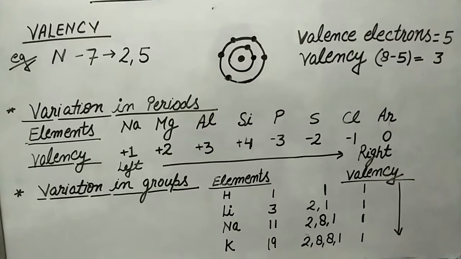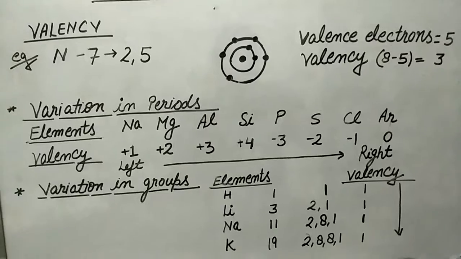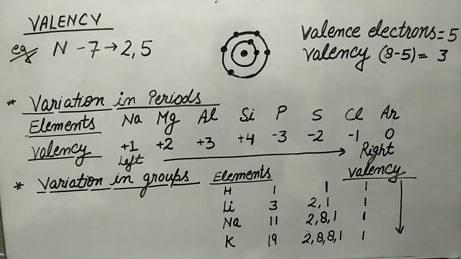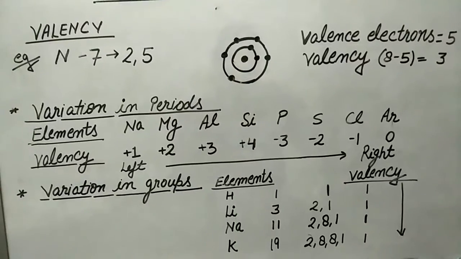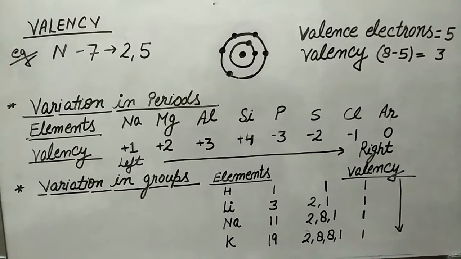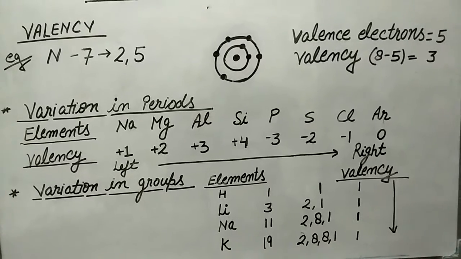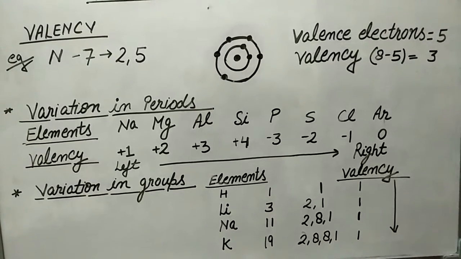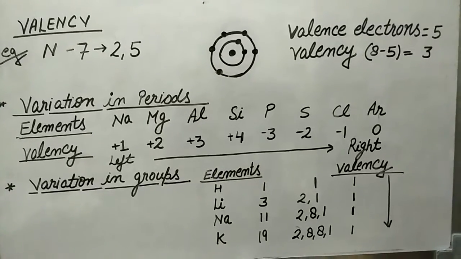That is called valency. Here we see that in the outermost shell 5 electrons are present in nitrogen, and to acquire octet configuration it requires 3 more electrons. To complete 8 it requires 3 more electrons, so the valency is 3.